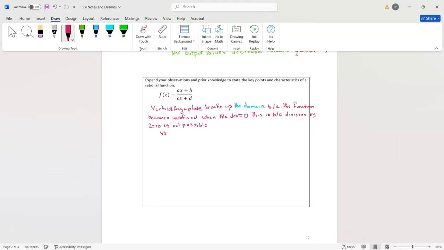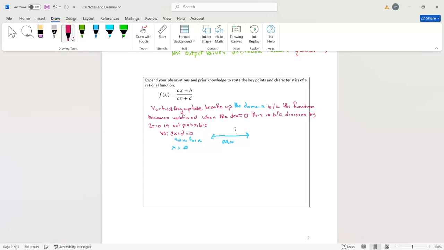The vertical asymptote is found by taking cx plus d equals 0 and solving for x. And so we end up with x equals some number, whatever that is. Because this breaks up our domain, recall that our domain is left and right, and our domain, starting out with any function, is all real numbers unless we know that it gets restricted in some way.